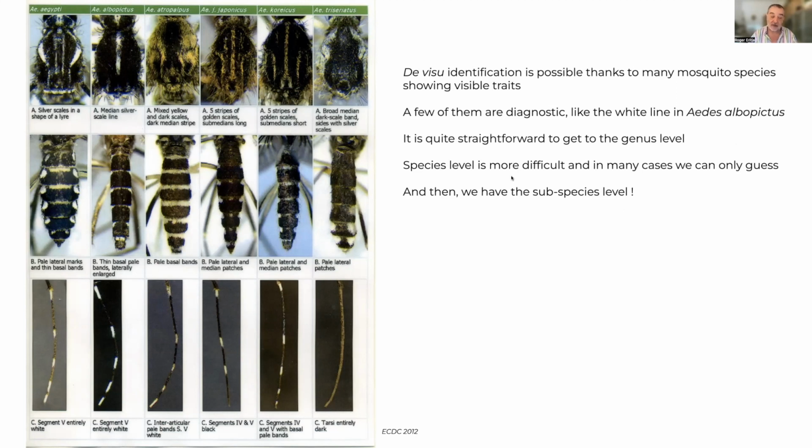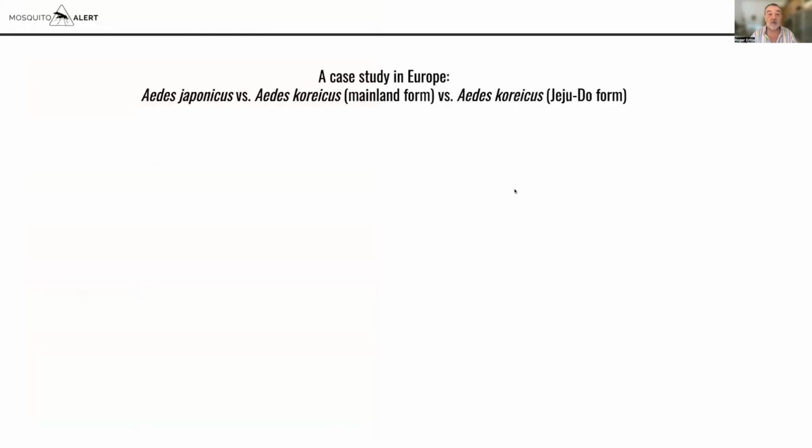And then we have another problem, which is the subspecies level, which I will explain now, because this is one of the things we are dealing with in Mosquito Alert in Europe at this time: the complex of species that are very similar, that are invasive in Europe, and that have very relevant but different distributions.